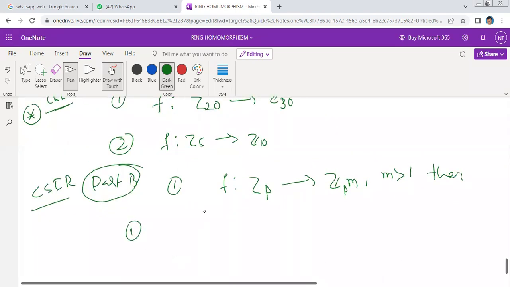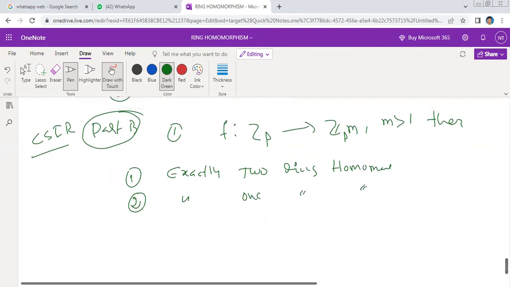First option: exactly 2 ring homomorphisms. Second: exactly 1 ring homomorphism.